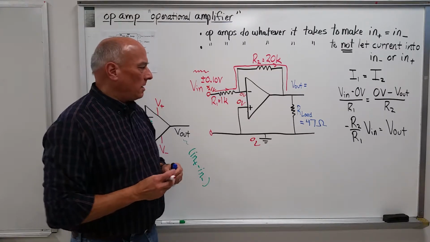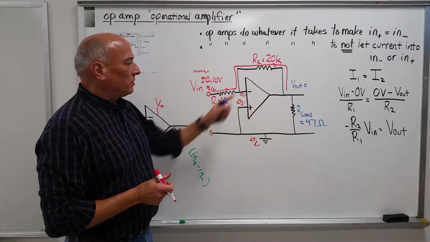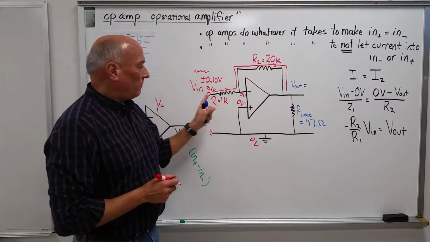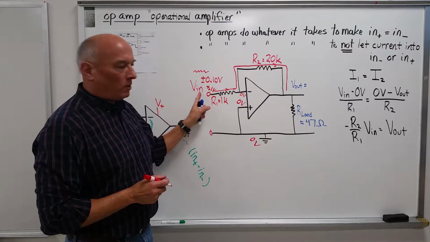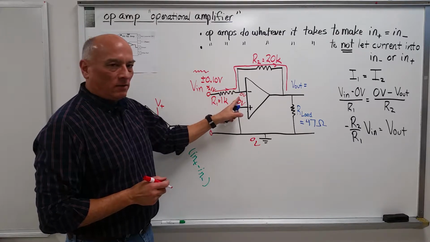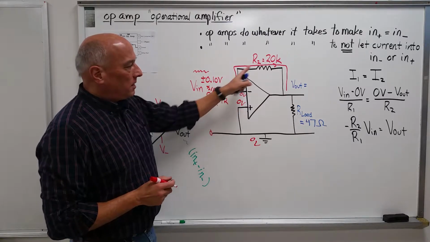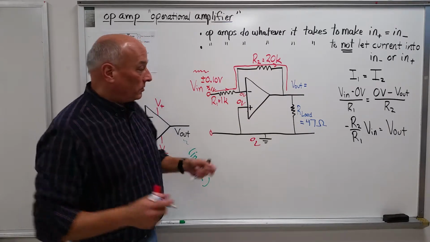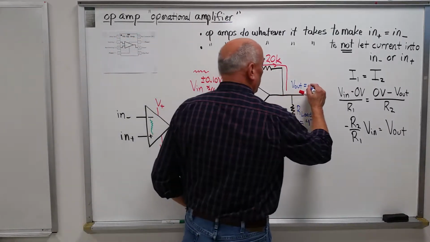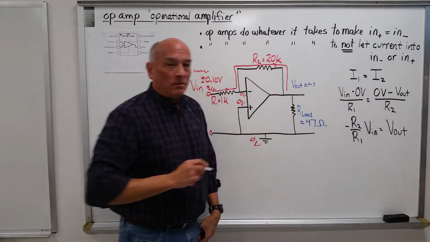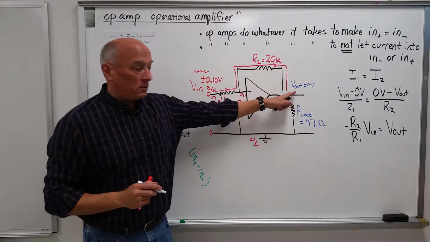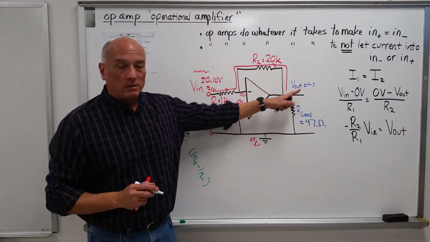Think about what's going to happen. You're going to have a voltage drop across this resistor. And so if this is positive 0.1 volts, and this is 0 volts, and you've got to drag the current down here, then that output voltage had better be, first of all, a negative value. Because the only way you're going to drag the current down from 0 volts is to have a negative voltage down here.